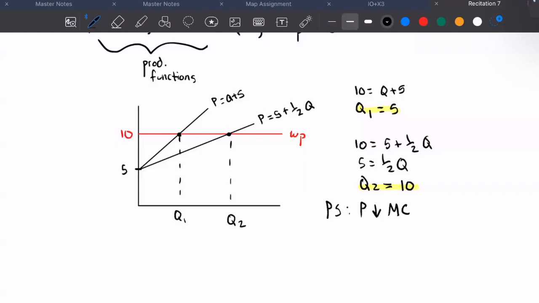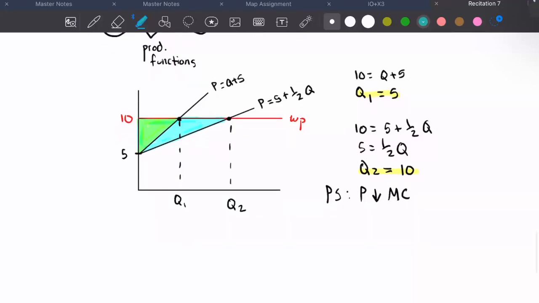So in this case, we're selling at a price of 10, and we're going to go down to our first marginal cost function. That'll give us the producer surplus for producer 1. We do the same thing with producer 2. In this case, we start at 10, we go down to our marginal cost, and it's going to be this bigger triangle, including the surplus of Q1.